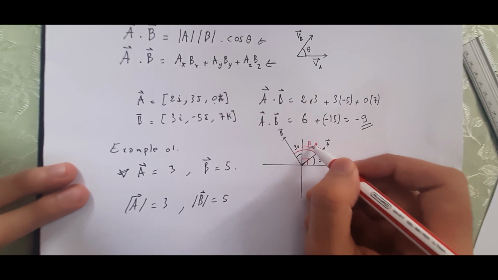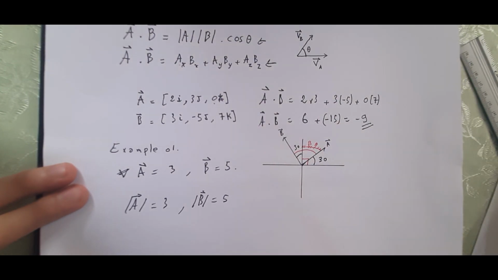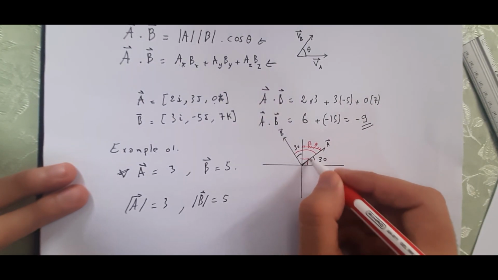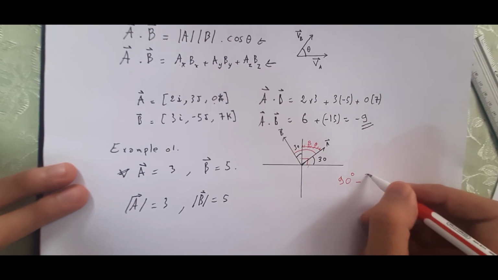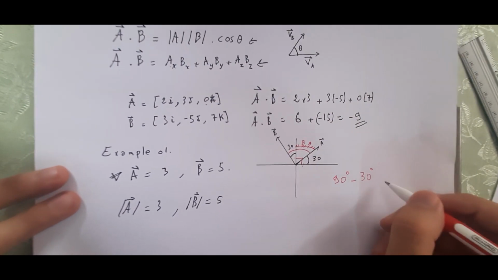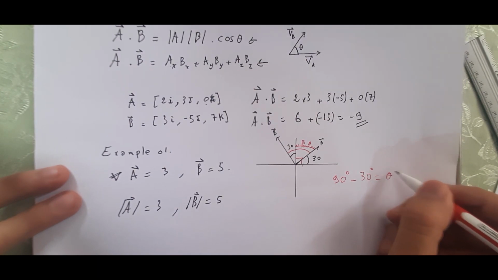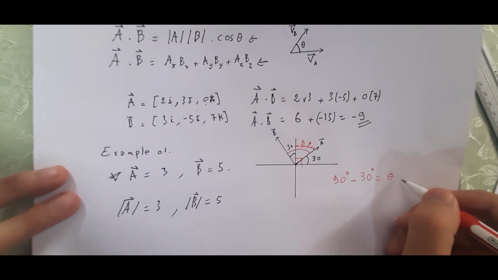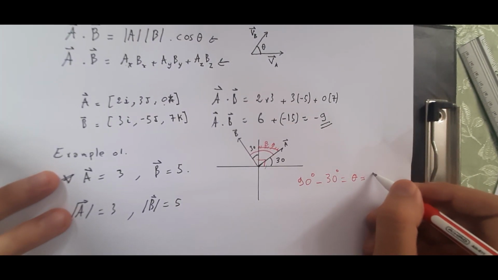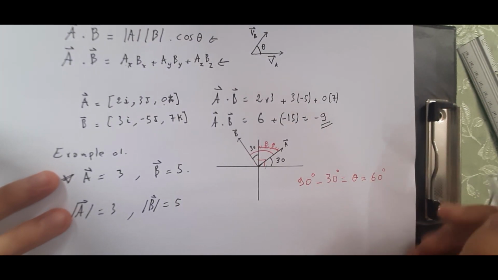So we have 90 degrees minus 30 degrees equals theta. So theta equals 60 degrees.